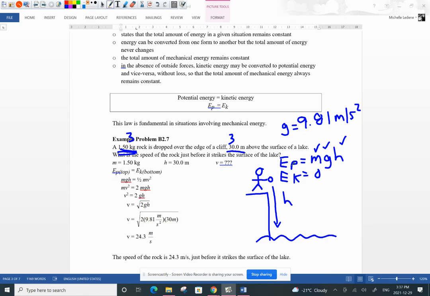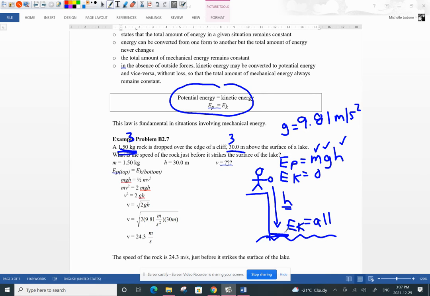So I know the potential energy of this rock that it has when I'm holding it before I have dropped it. We're going to assume that the potential energy of this rock, the stored energy because of its position, it's above the ground by 30 meters, is going to be entirely converted into kinetic energy. So it went from zero kinetic to now all kinetic.